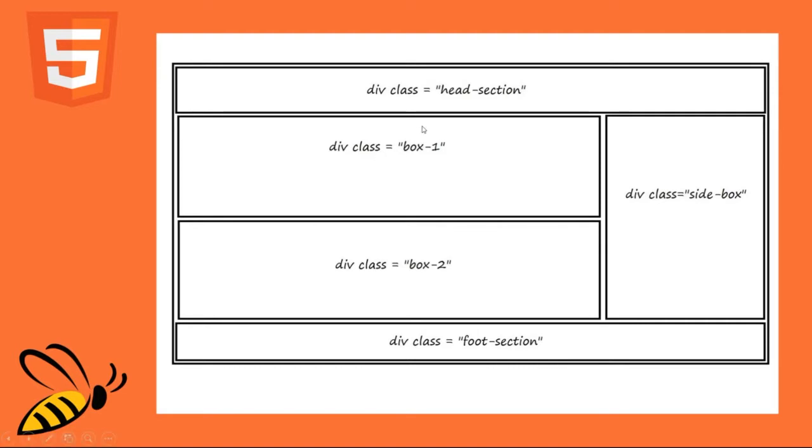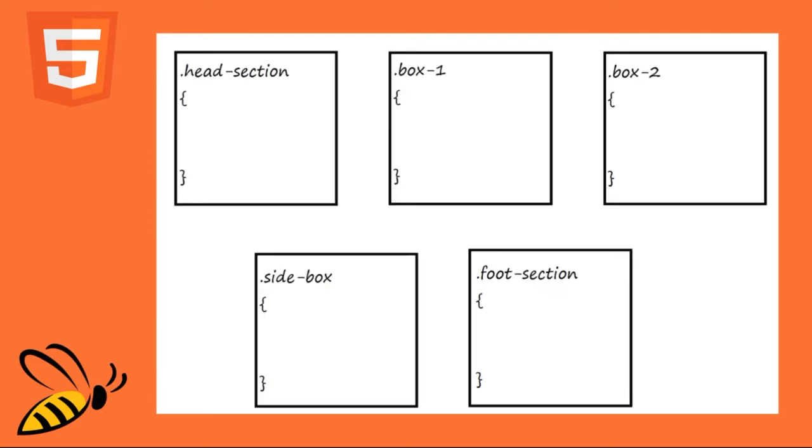This is a normal div class section. Here you could see div class equal to head section, box 1, box 2, footer section, side box. In CSS, while editing or using grid properties, this is a more complex thing. If you found some bugs in your web page, in something like div class box 2, you can't search where the problem is.